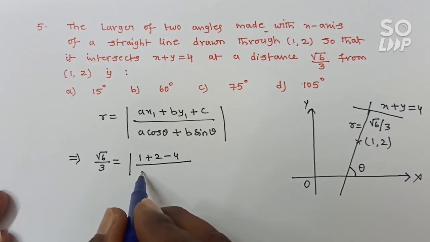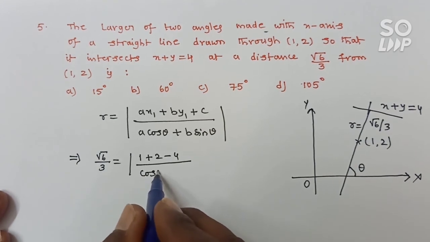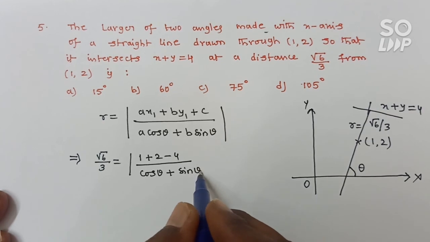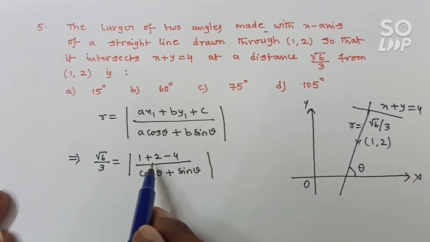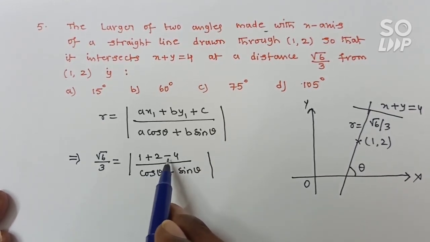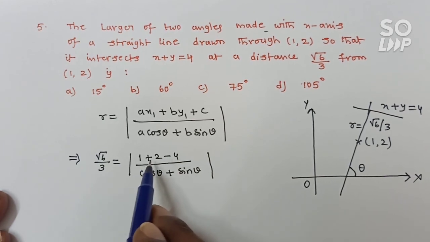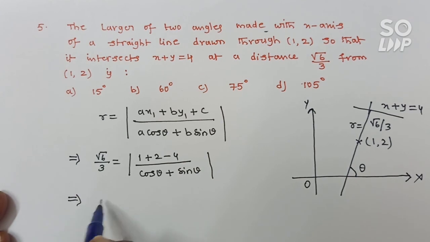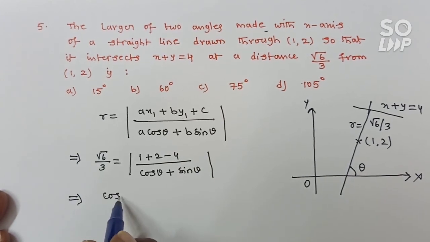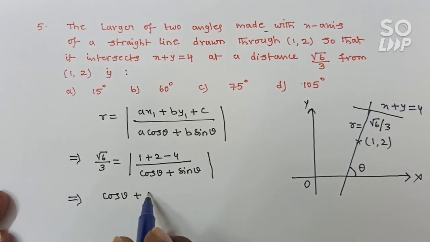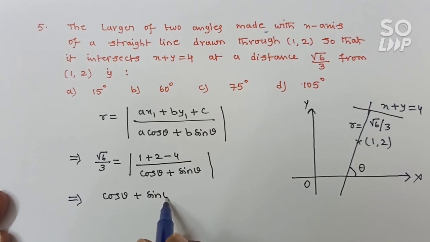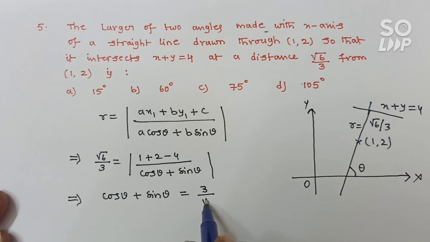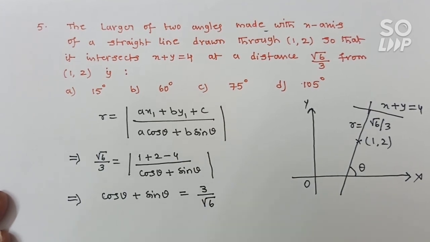So 1 into cos theta plus sin theta. Now you cross multiply. The numerator will be minus 1, modulus is there, so that becomes plus 1. By cross multiplying, cos theta plus sin theta is equal to 3 by root 6.